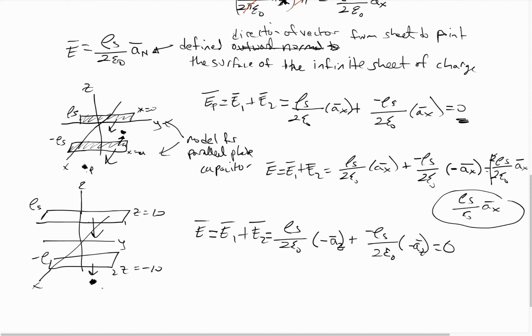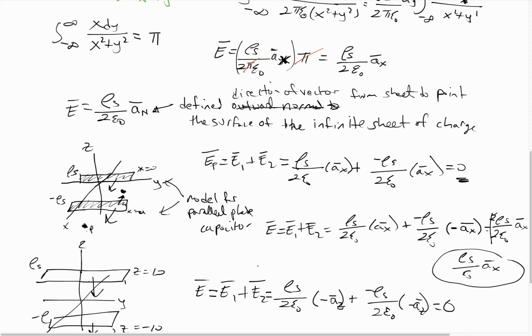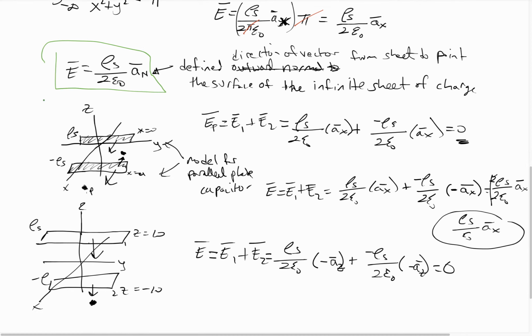And you could put more sheets in there if you wanted to. And you just always apply this formula right here. For any type of sheet charge, you're just going to apply this formula and then plug in. So a sub n, like I said, I kind of said it wrong the first time. I think a better definition for these types of problems is just from the sheet to the field point. What is the direction of that vector?